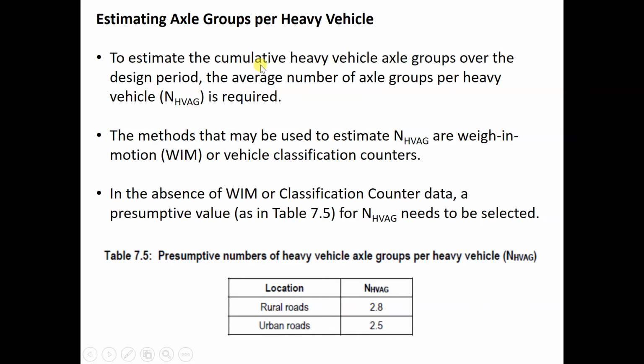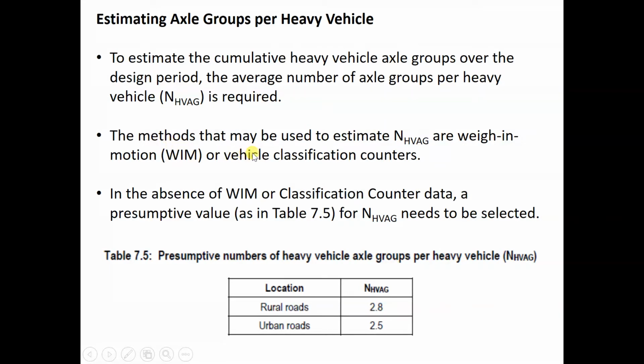To estimate the cumulative heavy vehicle axle groups over the design period, we need the average number of axle groups per heavy vehicle, NHVAG. Some range from 2 to 3, 4, 5, 6, 7 until maybe 10 plus. So what is the average?